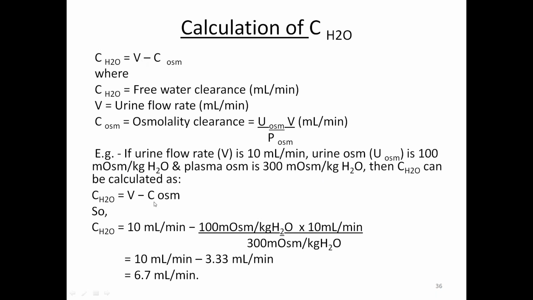Using the formula V minus C osmolality, V is 10 ml per minute minus the osmolar clearance. Substituting the values of U osmolality into V upon P osmolality, you get free water clearance, which in this case is 6.7 ml per minute.